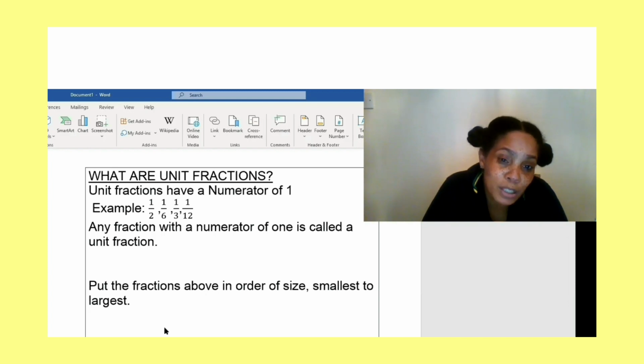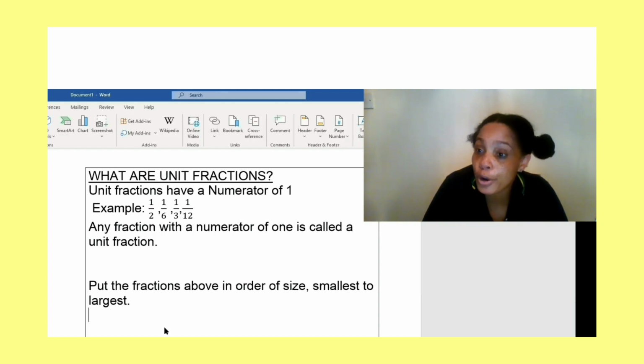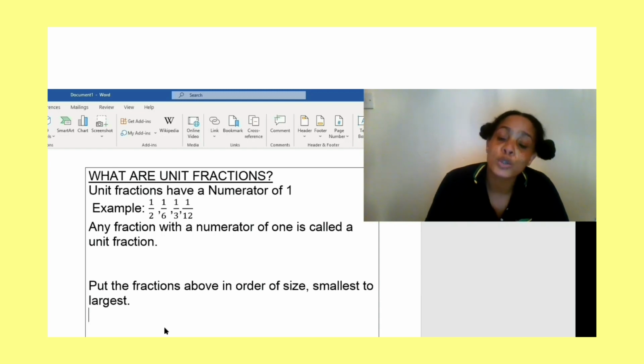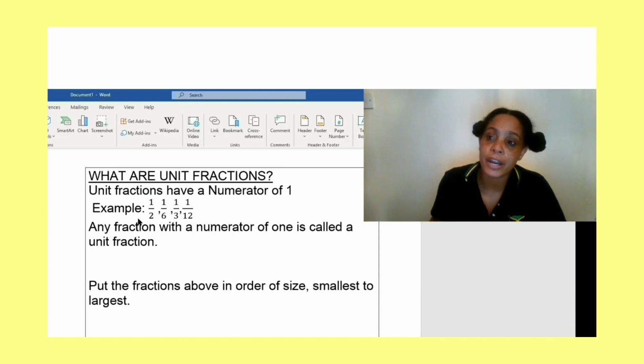Do you think she's going to take a piece of the one that's cut into 2, where 1 piece is a half? One that's cut into 6, where 1 piece is 1/6? One that's cut into 3, where 1 piece is 1/3, or one that's cut into 12, where 1 piece is 1/12? Of course, she doesn't want to eat the bun. She's only pleasing my grandma. So what she will do, she'll take a piece of the one that is cut into 12. So the smallest piece that we'll have there is 1 out of 12.